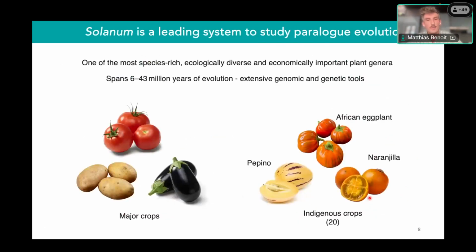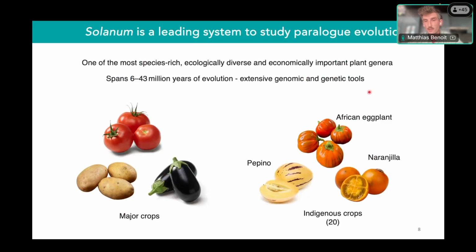So to do that, we decided to use Solanum as a genetic system. Solanum is one of the most species-rich plant genera. It's really ecologically diverse and also economically important. Why? Because it contains at least three major crops: potato, tomato, and eggplant.